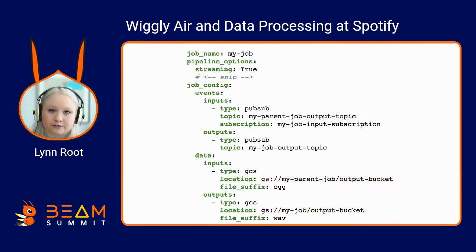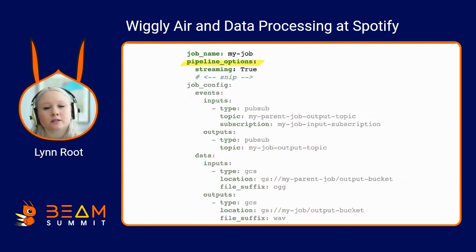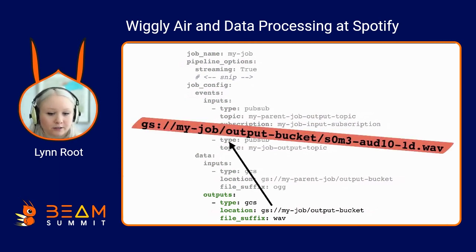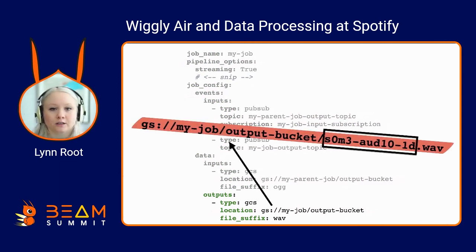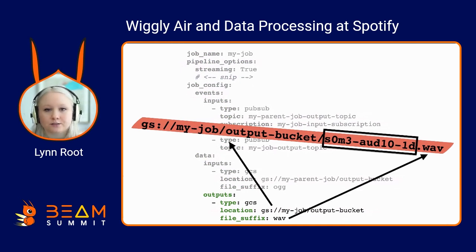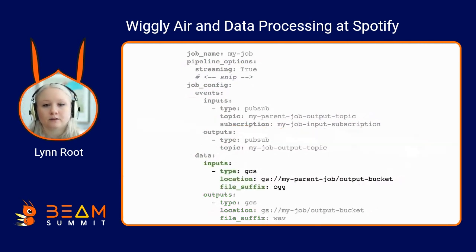So behind the scenes, Clio will construct a pipeline object with the given options that will first read IO from the configured subscription, and check if output exists by constructing the path with the configured input location, the ID given in the Clio message, and the configured file suffix, and then actually look it up to see if the file exists.